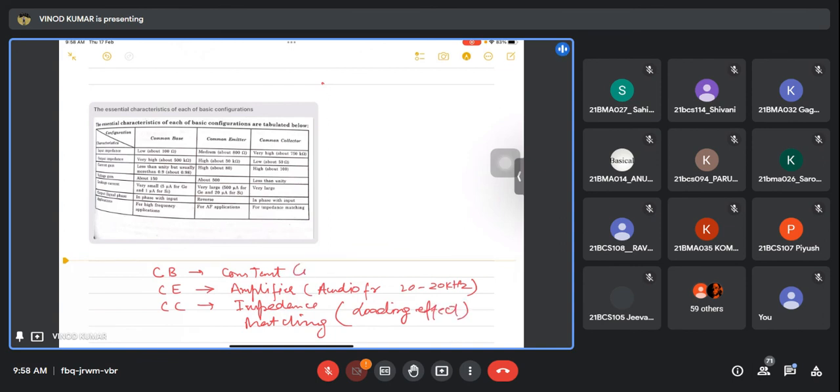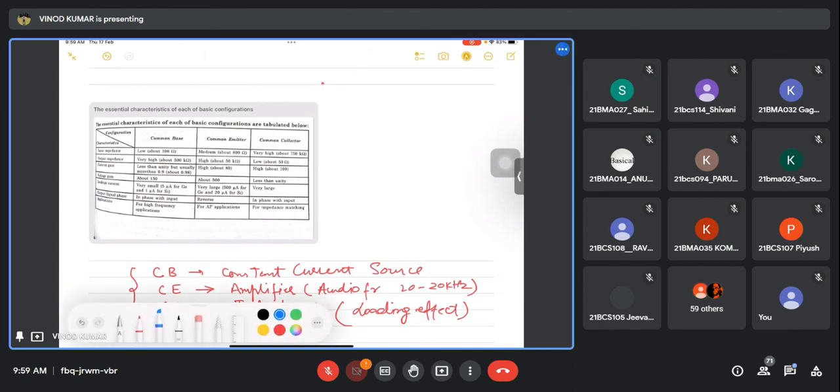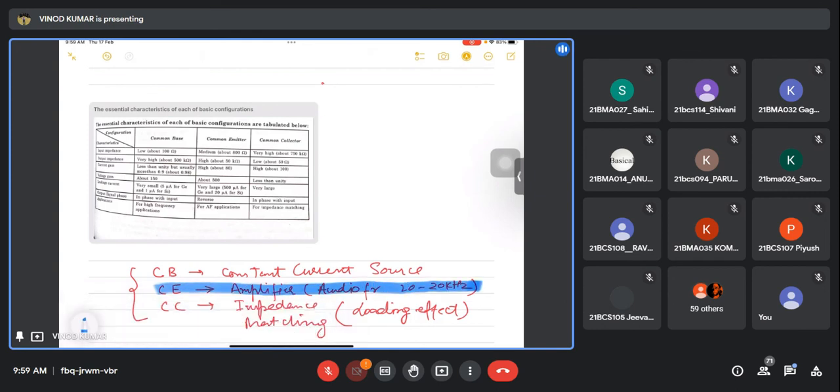Okay, this is constant current source. तो ये दो तीन तरह की applications हैं, but इसमें the most popular one is only common emitter. Reason उसका, ये एनालॉग और डिजिटल दोनों एप्लीकेशंस में यूज होती है, डिजिटल में भी.